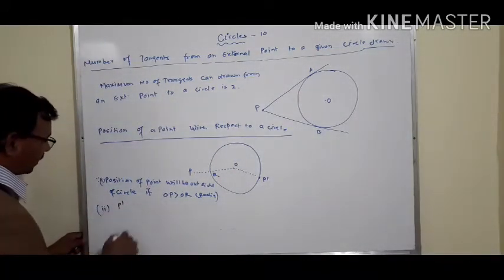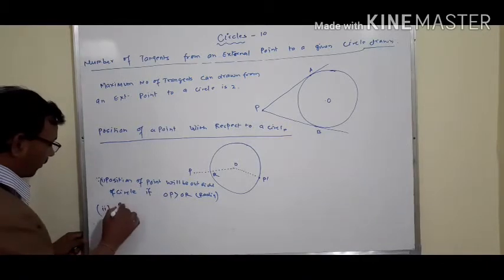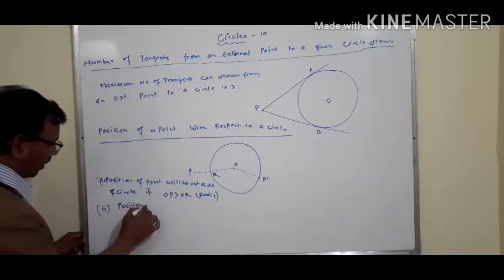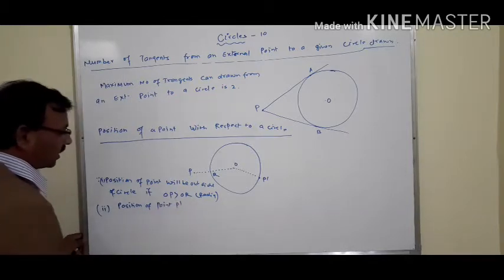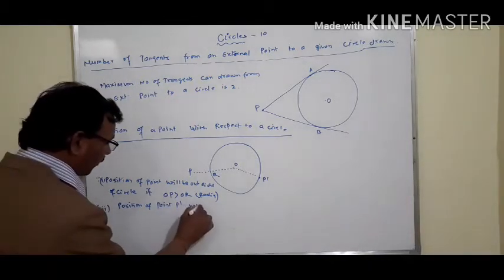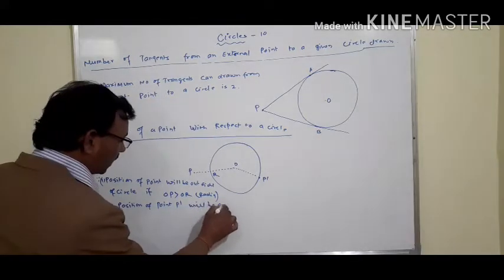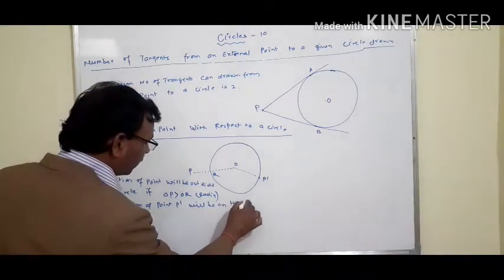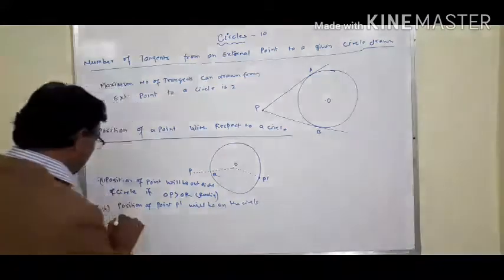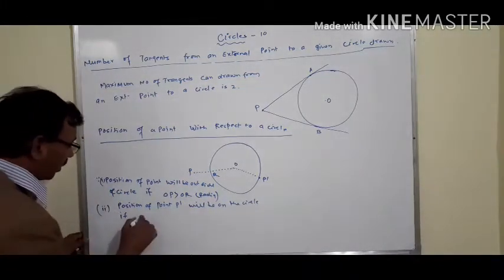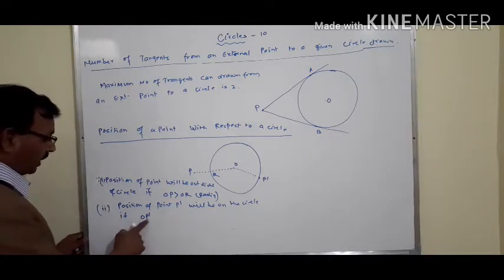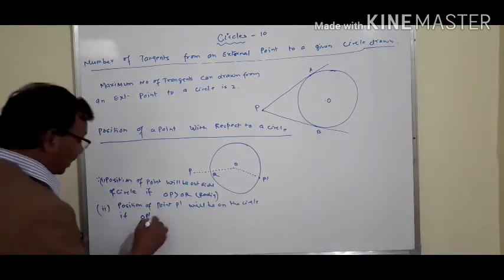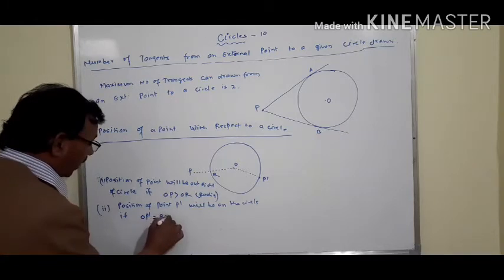The position of point P dash will be on the circle if OP dash, which is the distance of point P dash from the center of the circle, is equal to the radius of the circle.